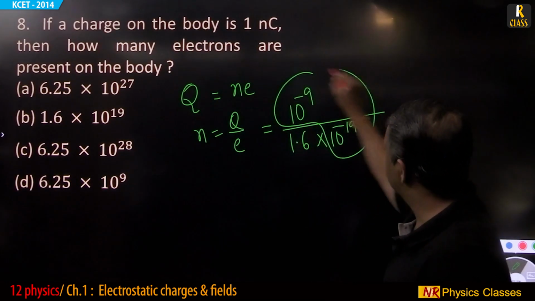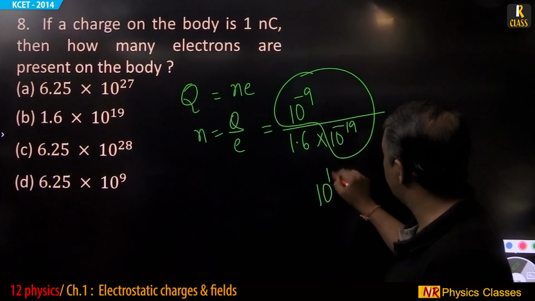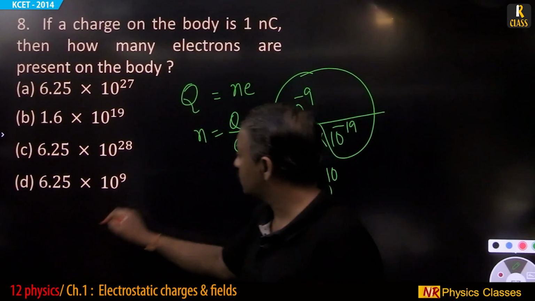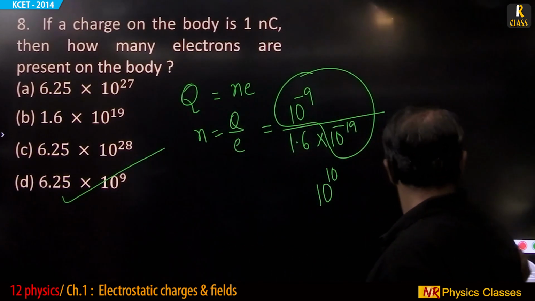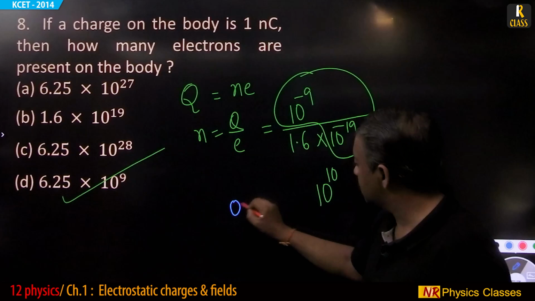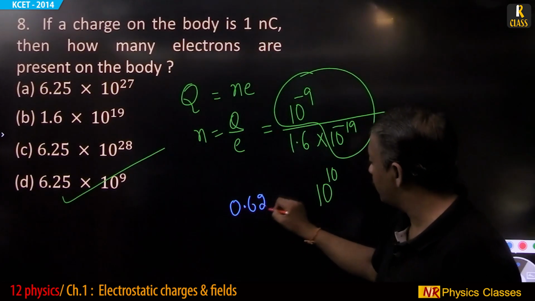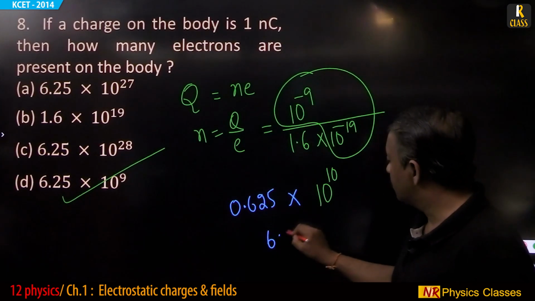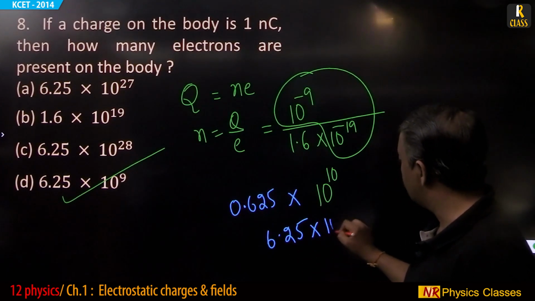This ratio is 10 to the power of 10. See, this is close to 10 to the power of 10. 1 by 1.6, you know, it is 0.625 into 10 to the power of 10. Give one 0 to this, it becomes 6.25 into 10 to the power of 9.